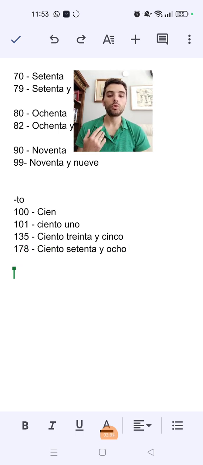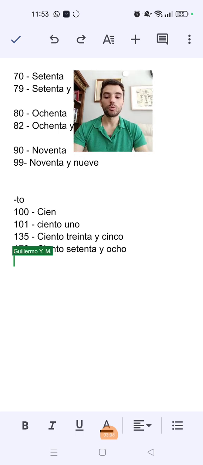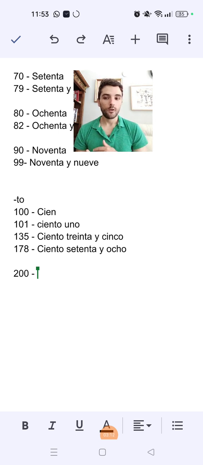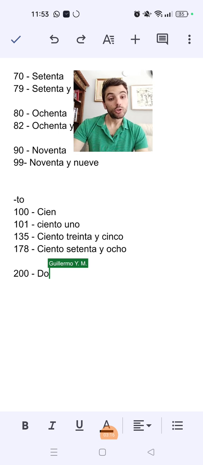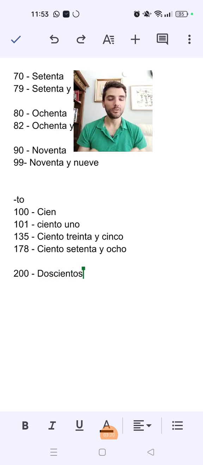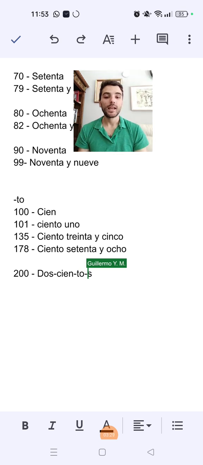Now, how would you imagine 200? What is the number? So we have 100. Now for 200, we say doscientos. You can see there are some patterns here. We have dos, then we have ciento, and then the S because it's a plural.